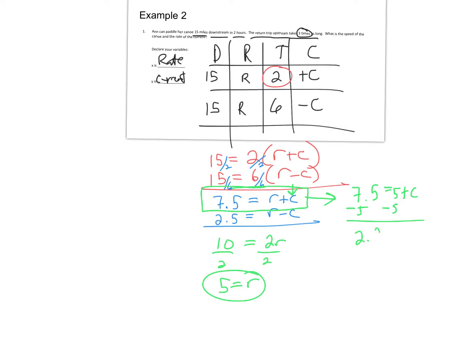So 2.5 is equal to c. So 5 is the rate, 2.5, right, is your current. All right, so there's that one. And we're rotating. Okay, so let's go to the next one.